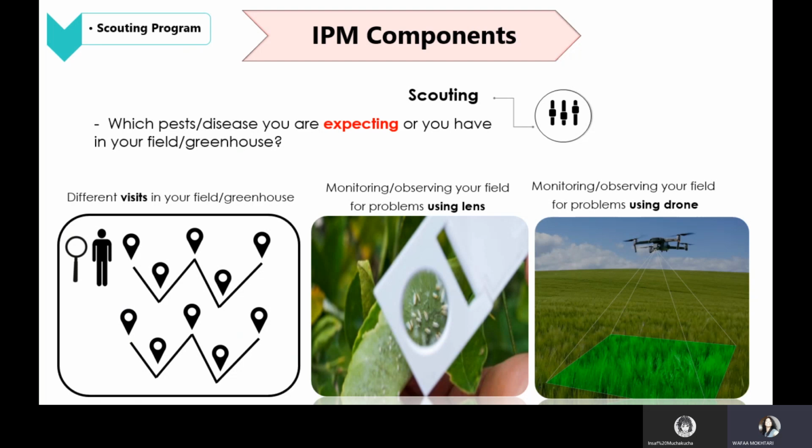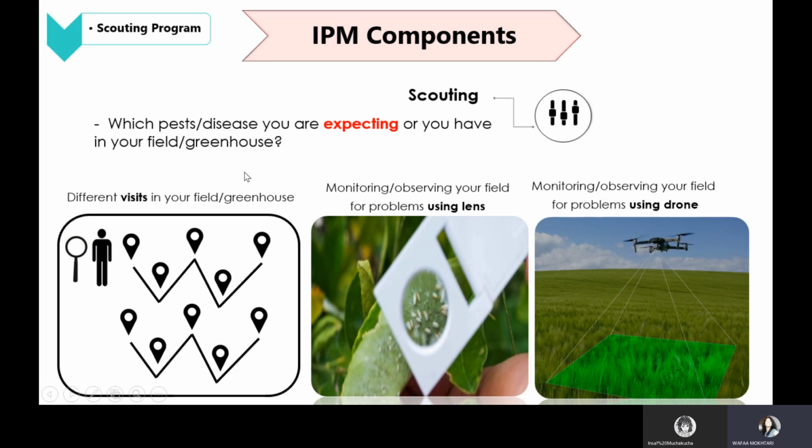So, the scouting program is a way to know which pest or disease you are expecting or you have in your field or greenhouse.